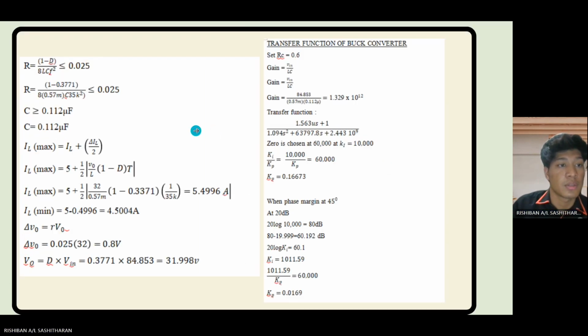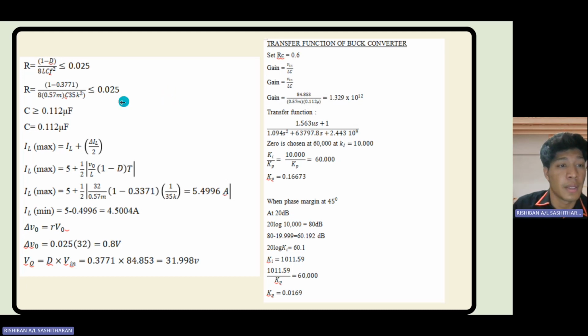And next, we calculate the output voltage ripple, which has the formula 1 minus D divided by 8 LC F squared, and it must be greater than 0.025. 0.025 is our output voltage ripple that we use, which is 2.5%.